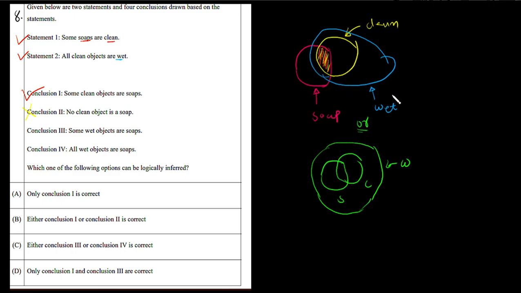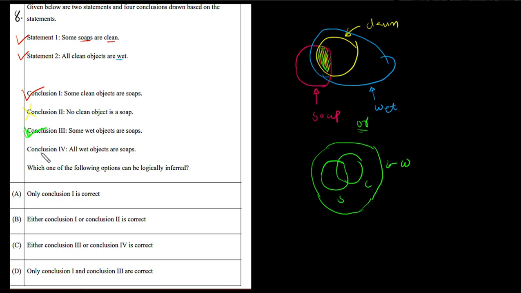So now here you can also see this bigger circle represents the wet objects, and in this bigger circle, this yellow circle must be included. So now I can say at least some soap are there which are wet. We cannot say either all soap are wet or partially, but some soap are there which are exactly wet. So I can say conclusion 3 is also correct.